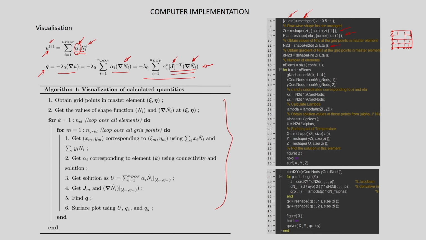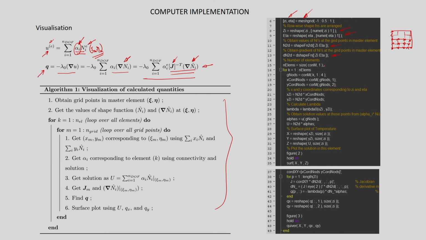This is not calculated at the Gauss points; rather these are calculated at the points which we obtained from this grid, at some point xi m, eta m. Similarly, we calculated the derivatives of the shape functions in the master element at those grid points.